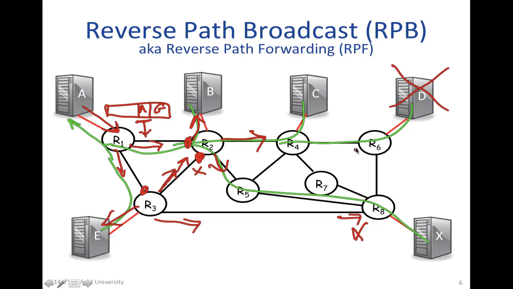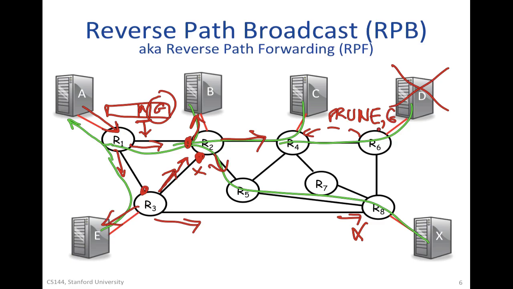So R6 would send what's called a prune message, which I'll just show as a dotted line. It'll say, hey, I actually don't have any end hosts interested in receiving this. Please don't send me multicast packets for this group address anymore. And so it will prune G and say, I have no interest in this.